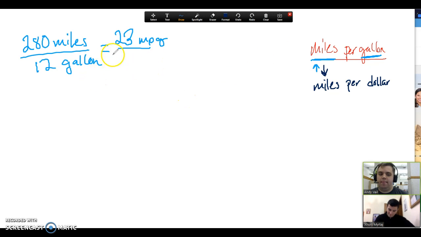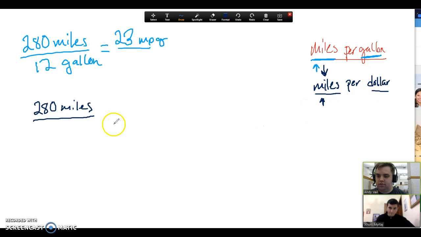So we are going to start out with the same. So we start off with the same one. This one's going to go on top, right? 280 miles over, and we can use the same gallons, so 12 gallons.